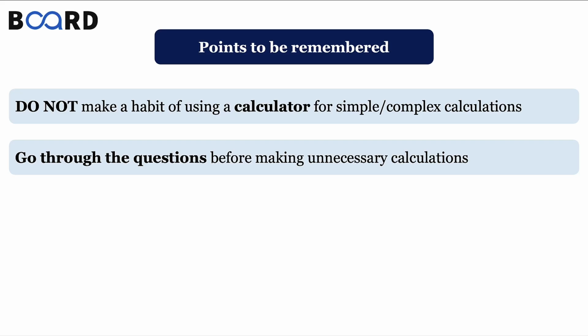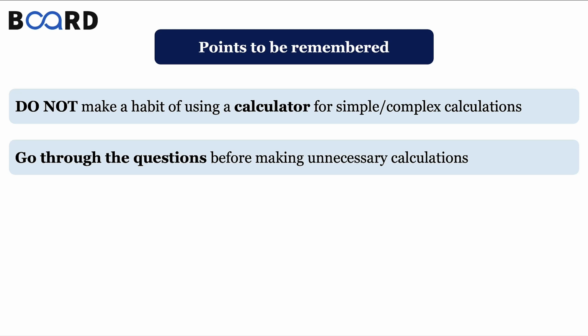That's a waste of time. Whatever is given in the question, exactly that much of data has to be calculated, not more than that. Remember this. The time that you are using to calculate all those values is very, very precious, right? So calculate only that much part which is absolutely mandatory.